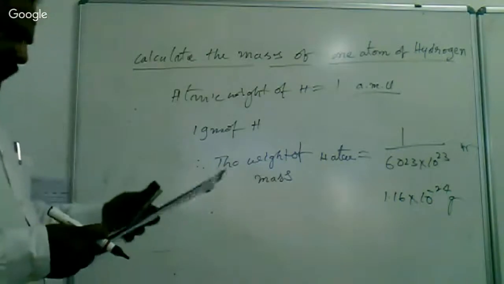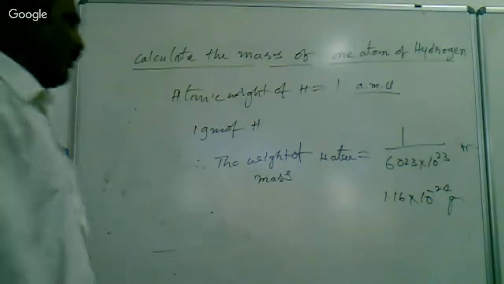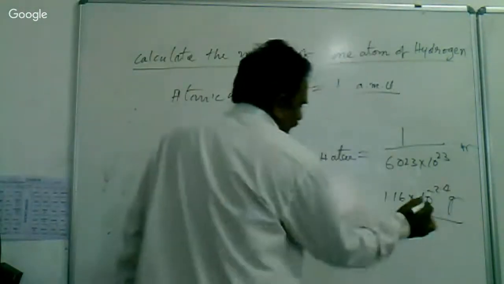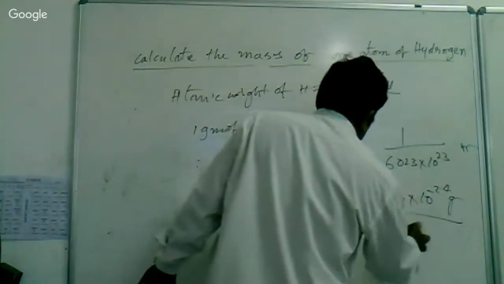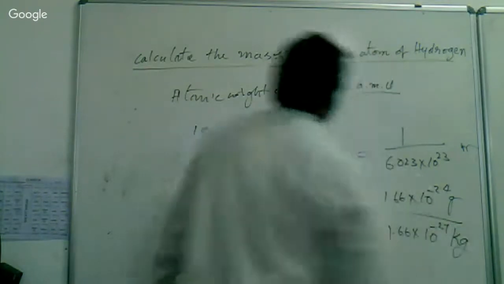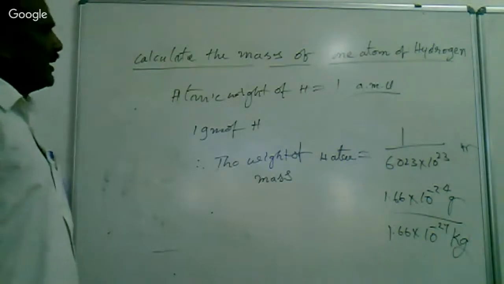Calculate it, find out. Yes, it is around 10 power minus 24 grams. You will get the answer. Or in case you want to express it in kg, 1.66 into 10 power minus 27 kg. Sometimes you are asked in grams, sometimes kg, whatever it may be.